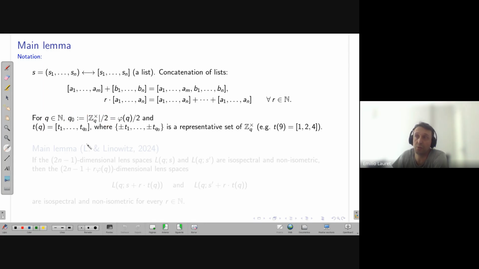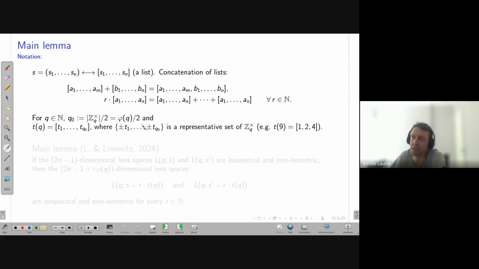This will be q0. And take T(q) to be some q0 numbers in order, such that if you take these numbers and their opposites, they form a representative set of the units in Z modulo q.